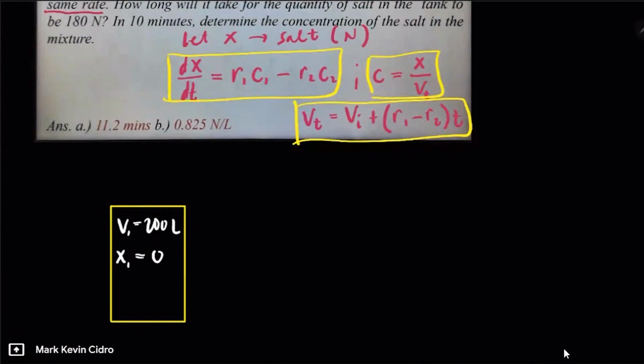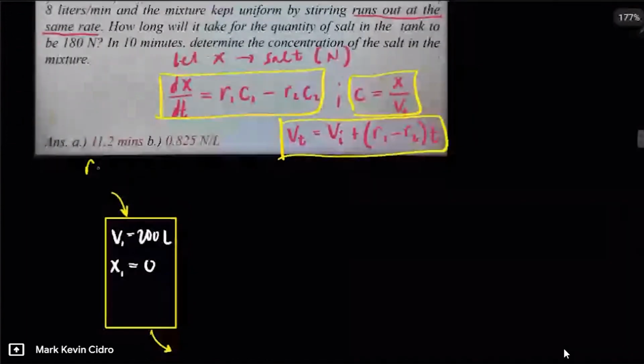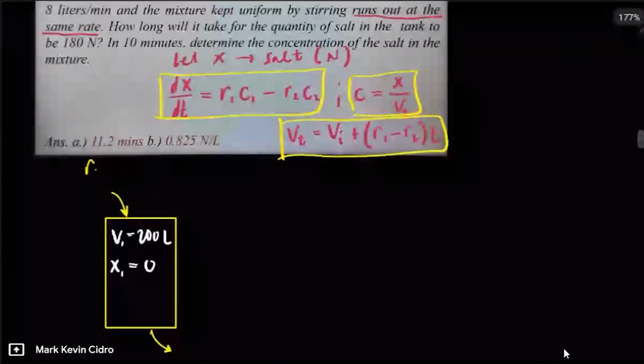Then there is an inflow, and there is an outflow. The inflow rate, let's denote this as R1, is 8 liters per minute.